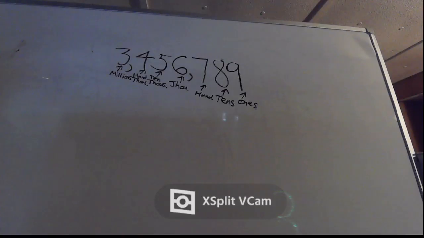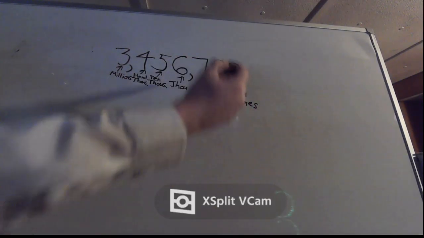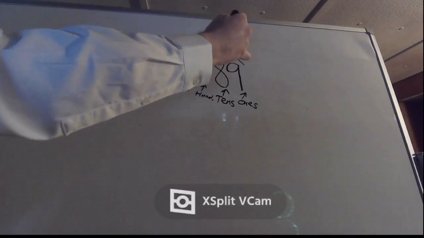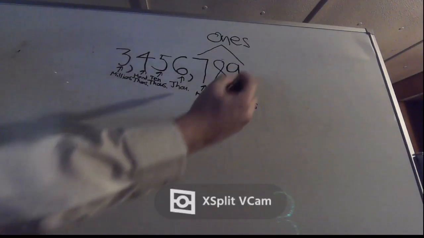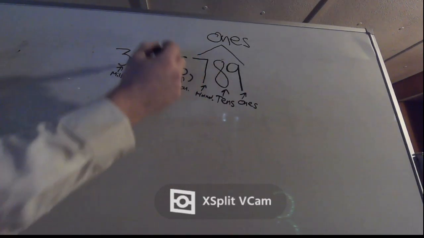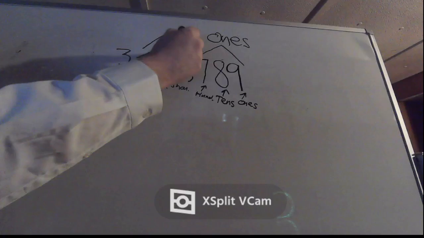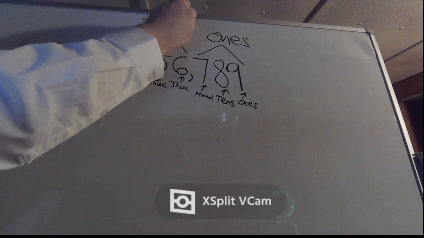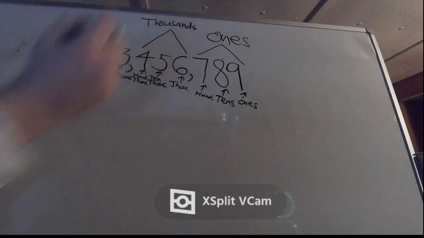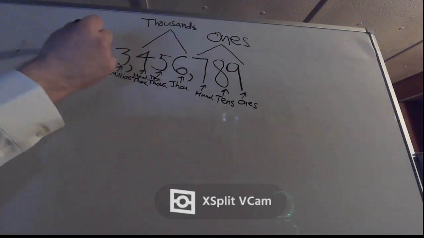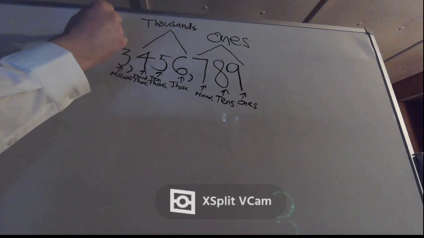So every set of 3 numbers here makes up the hundreds, tens, and ones places. These here make up your thousands. Every set of 3 numbers is called a period. So we have the ones period, we have the thousands period, then we're into the millions period.